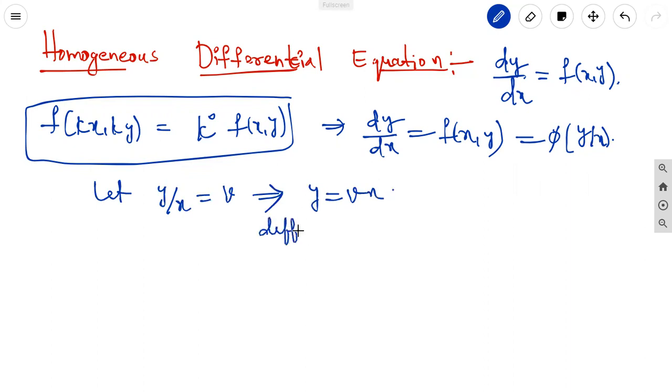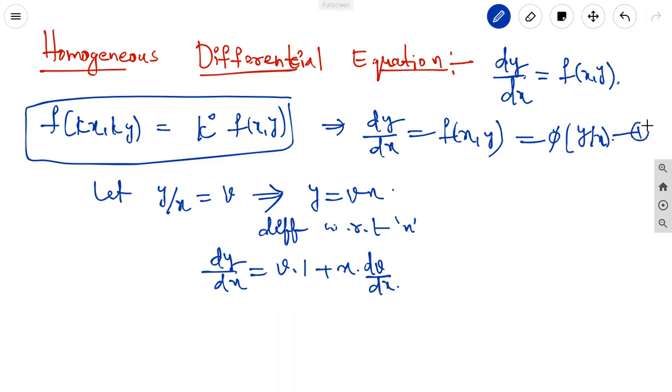Now, differentiating both sides with respect to x, dy by dx is in the uv form, because v is expressed in y by x. So dy by dx is v into 1 plus x into dv by dx.